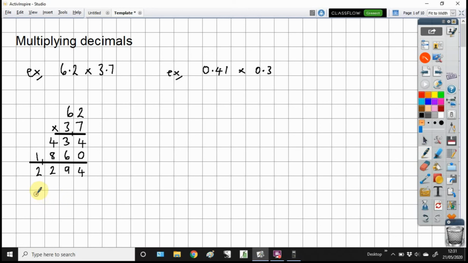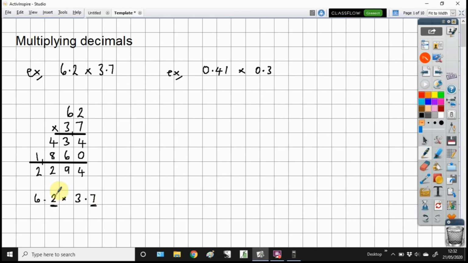Now 6.2 multiplied by 3.7 is very similar. What you mustn't do is imagine that we can just fill decimal places in all the way down here. That does not work. Instead, what we do is we go back to the original question, let's do it down here, and we consider how many decimal places there are in the question.